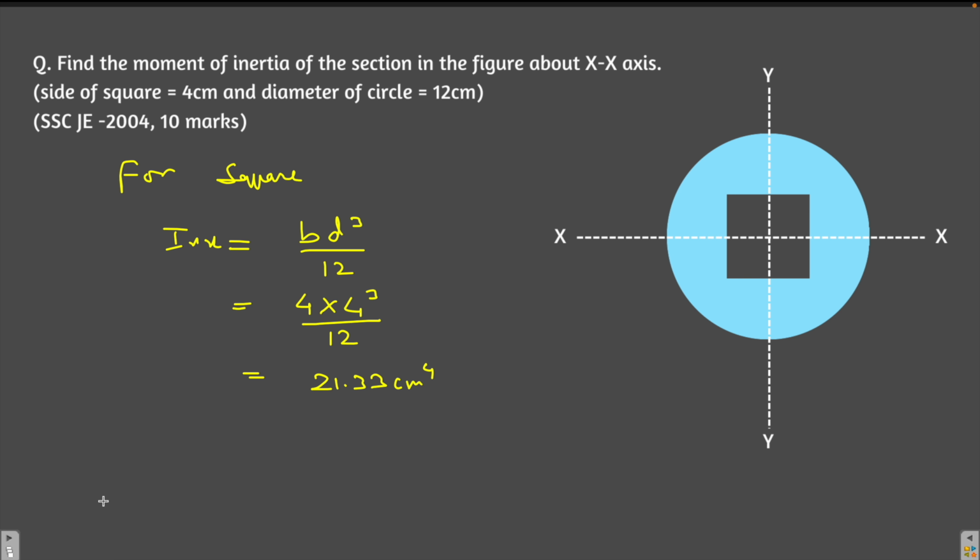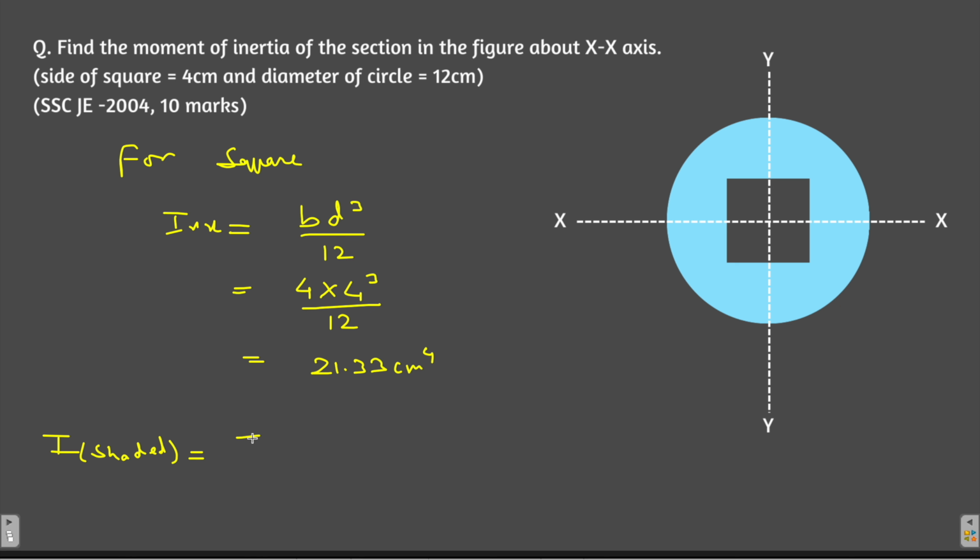So the moment of inertia of the shaded portion is equal to the moment of inertia of the circle minus the moment of inertia of the square. If you do this, you will get the answer. So it is very simple.